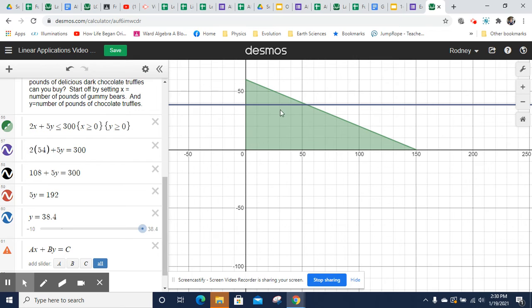Any point on here that's within this shaded area would give you a possible combination of X number of pounds of nasty gummy bears and Y number of pounds of delicious dark chocolate truffles. So any point within this and on this line here would be possible within the parameters of you have $300 to spend. Okay, I hope that helps a little bit.